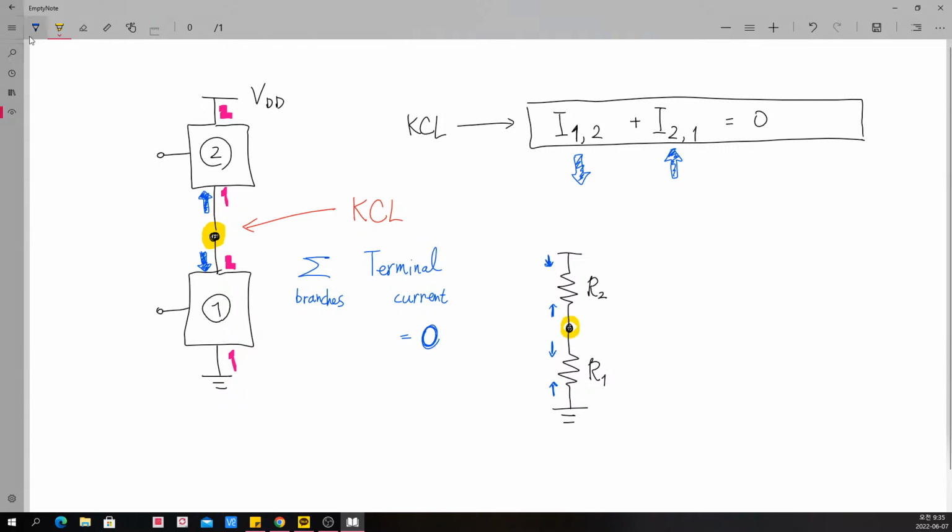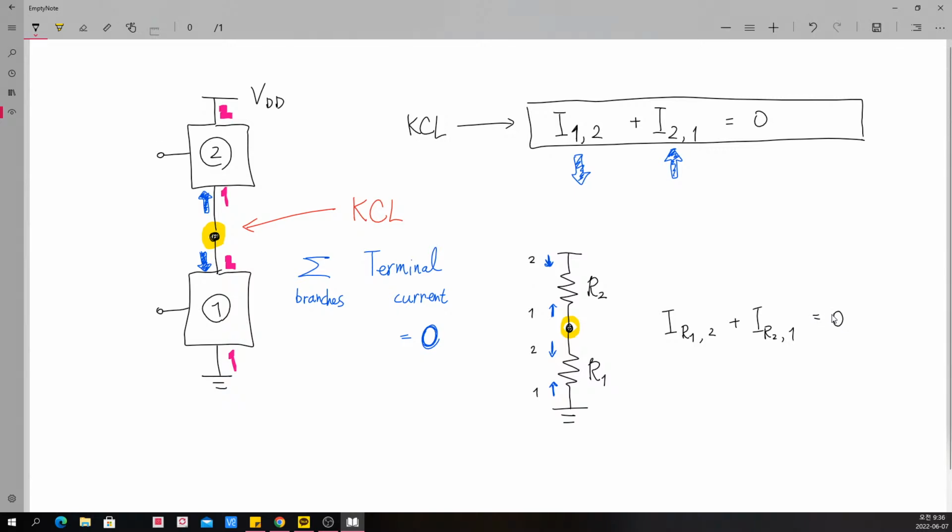Then for KCL, what we can write down is quite simple: I of R1 and its second terminal, plus I of R2 and its first terminal, should be 0.